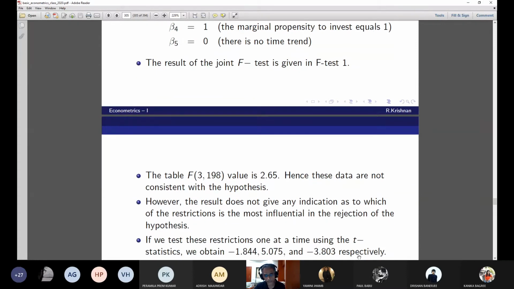But the second hypothesis, with 5.05 and 3.83, is rejected convincingly. Am I right? Yes, sir. So at first look, which two hypotheses are playing a decisive role in the F test? Sir, beta 4 and beta 5. Yeah, that is a tentative conclusion.